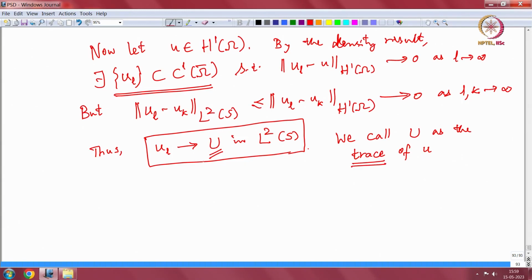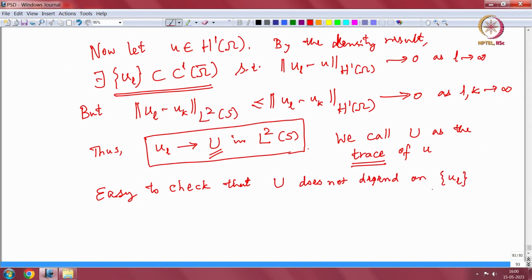What if I take another sequence which converges to u in H1 norm? It is easy to check that U does not depend on the sequence UL.